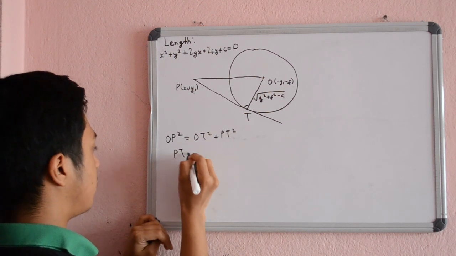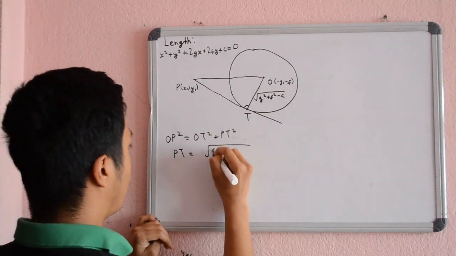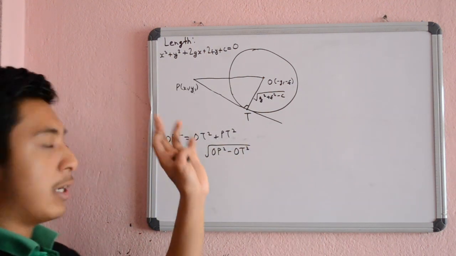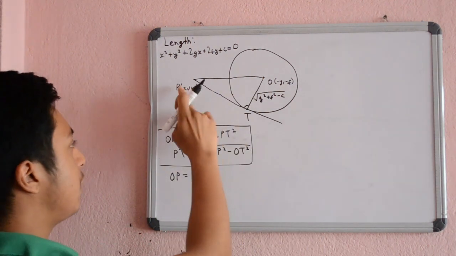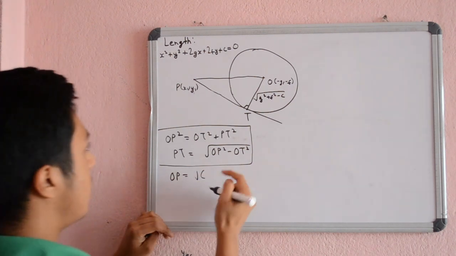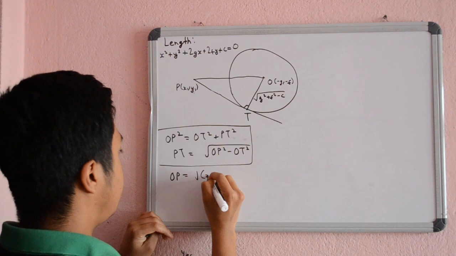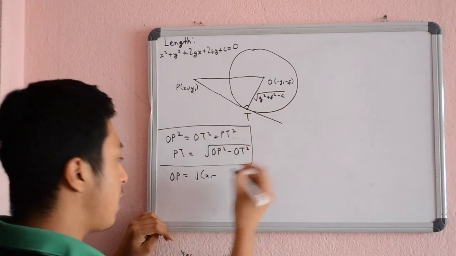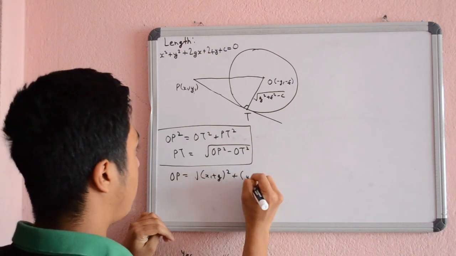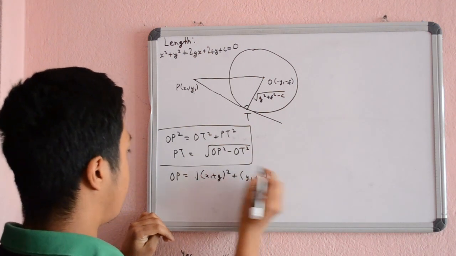So PT will just be root OP square minus OT square. Now let's find what OP square is. For OP, you can just use the distance formula, which is root x1 minus minus g, which will be plus x1 plus g whole square plus y1 plus f whole square.